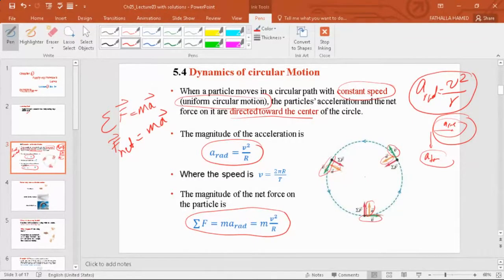And with this, of course, you can have a net force, and the net force will be directed toward the center of the circle, and it's equal to mv squared over r. So we're only considering the case when the net force is directed toward the center of a circular path or circular track, and so on.